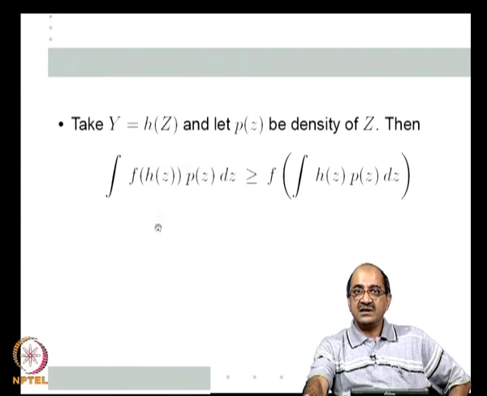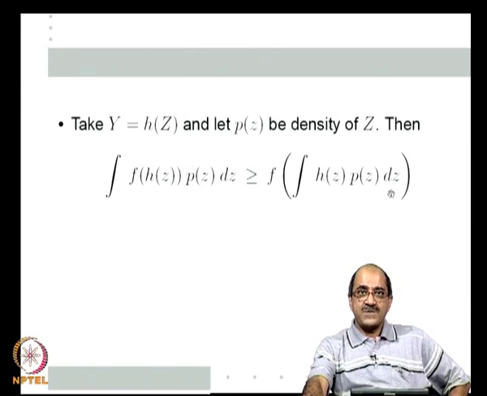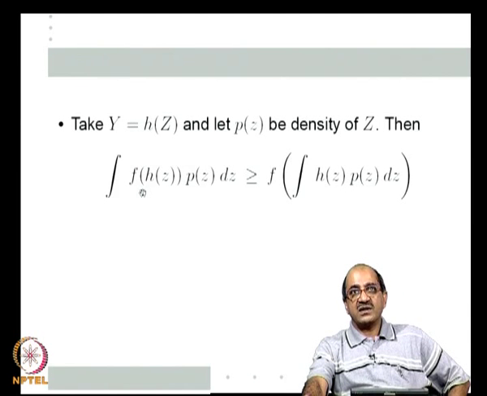So the integral of f of h(z) P(z) dz is always greater than or equal to f of the integral of h(z) P(z) dz. This is true for any convex function f and any function h. Now we will intelligently choose the functions h and f.